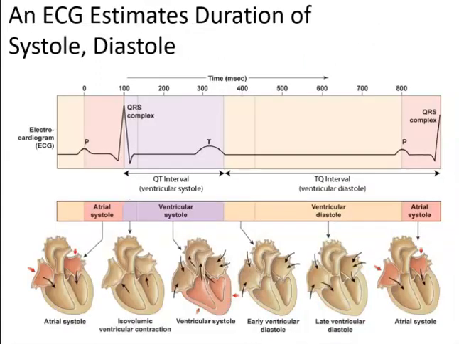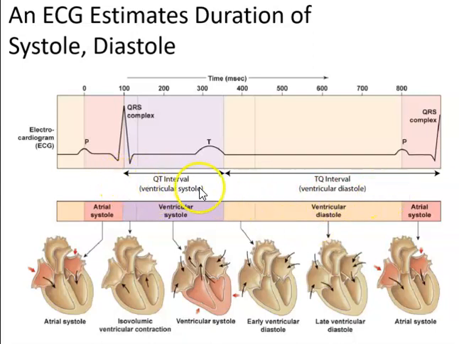We know that an EKG estimates the duration of systole and diastole with our different intervals. So the heart, a normal resting heart, will be 1/3 of the time undergoing ventricular systole or ventricular contraction, and 2/3 of the time it will be undergoing relaxation or ventricular diastole.